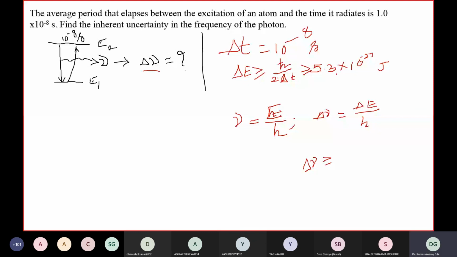Check the answer again. Sir, 8 into 10 power 6. Not joules, come on. This is frequency we are talking about, so the unit is hertz. Delta nu is greater than or equal to 8 into 10 to the power of 6 hertz.